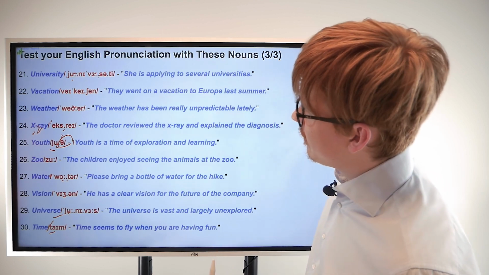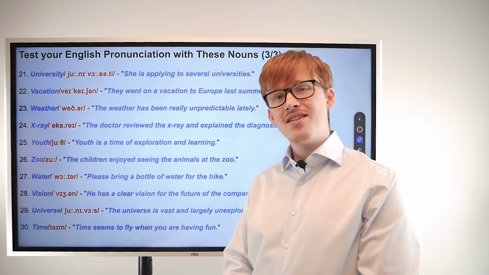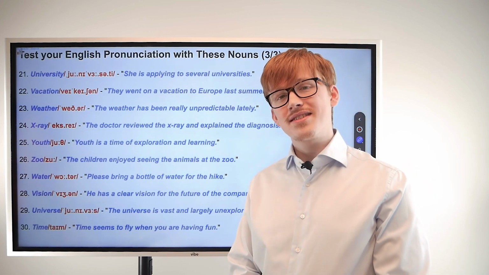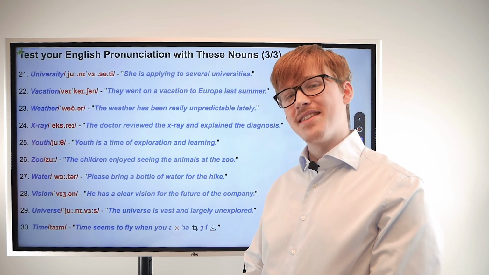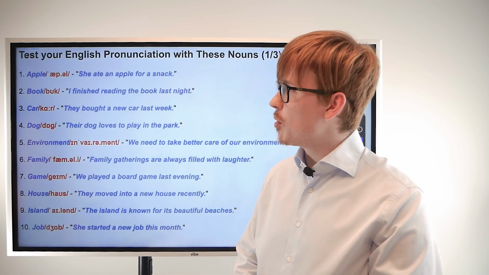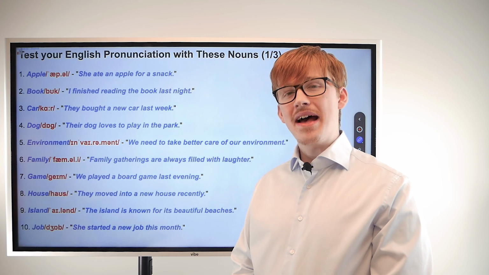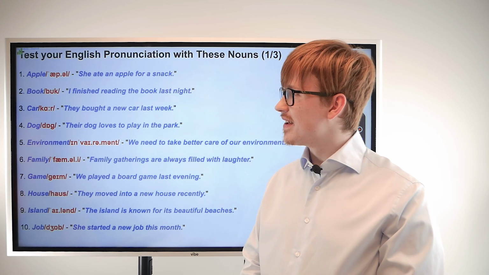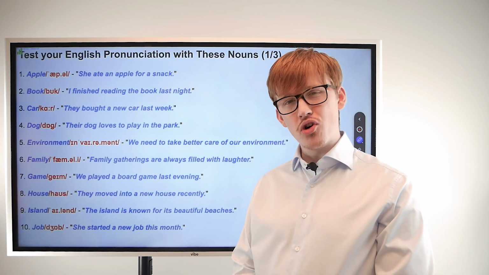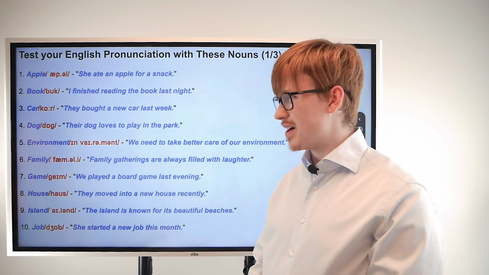So before we finish, what we should do is we're going to go through each word again. I will say, you repeat, I'll say again, then you repeat, and then we'll finish the lesson. So let's go from the beginning. Number 1, apple. Number 2, book. Great.